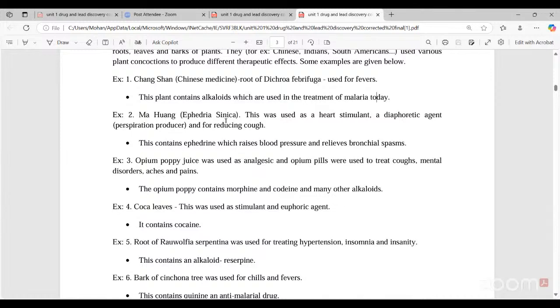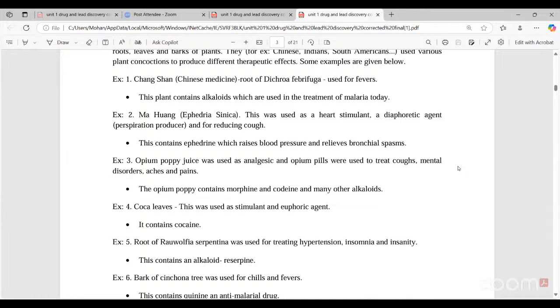And Ephedra sinica is used as a heart stimulant, and it also acts as a diaphoretic agent, means a perspiration producer, and it is also a cough reducer.